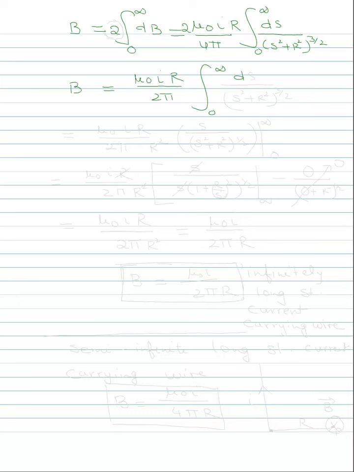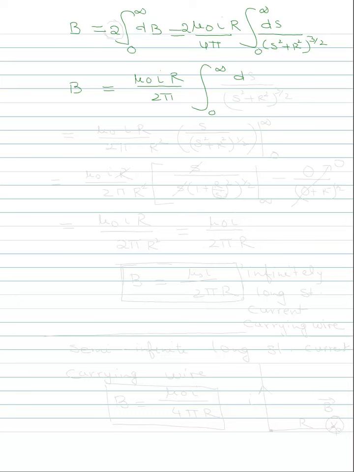But what is this contribution at infinity? First of all, this and this get cancelled out, and what you see is that if you put infinity over here for s, 1 over infinity gives you 0, and you really get 1. So this thing is nothing but mu 0 I r over 2 pi. Notice that actually I have forgotten something.